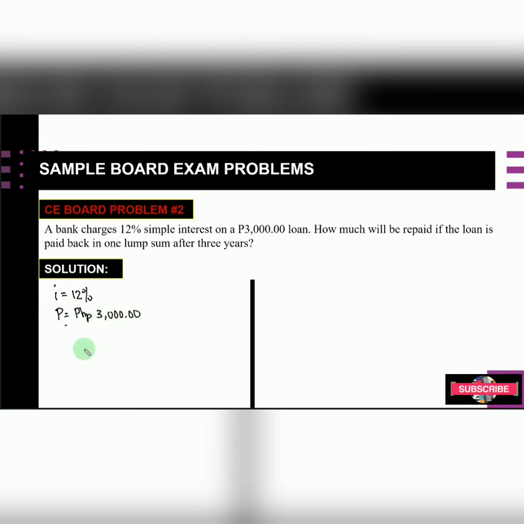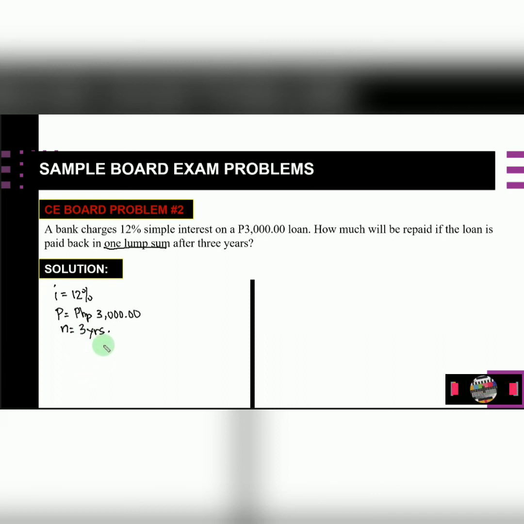And how much will be repaid if the loan is paid back in one lump sum? Take note, in one lump sum after 3 years. So our N here is equal to 3 years.